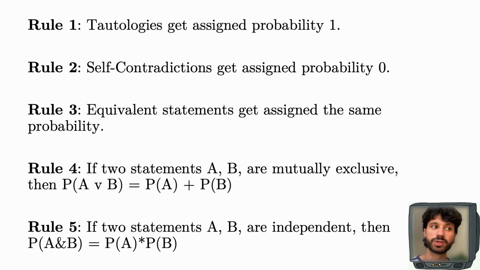The fourth rule says that if two statements are mutually exclusive, then the probability of one statement or the other is equal to the probability of one statement plus the probability of the other. Now, this is the fifth rule, if two statements are independent, then the probability of A and B is equal to the probability of A times the probability of B.